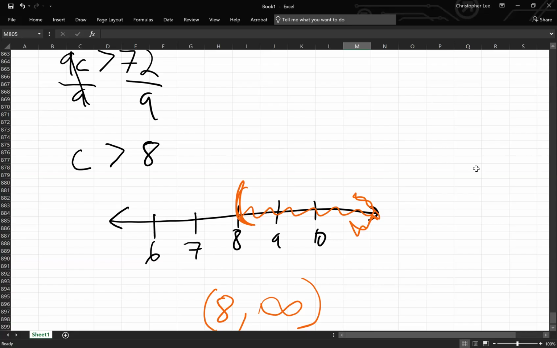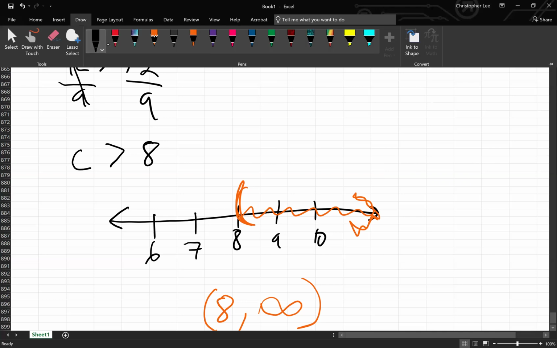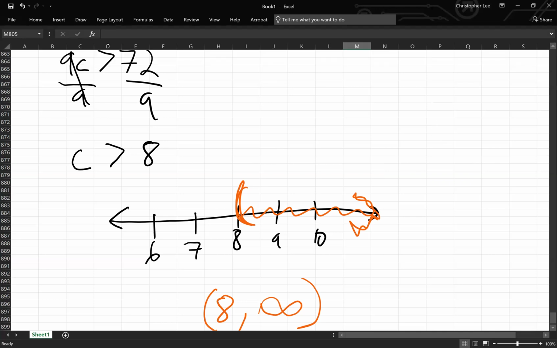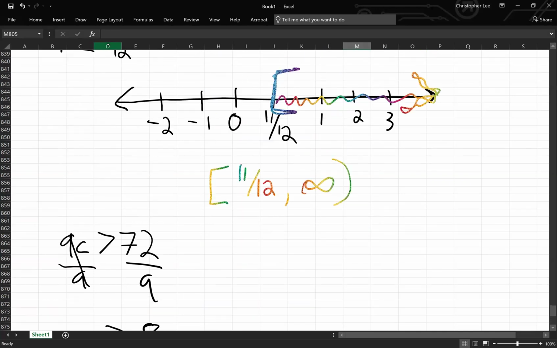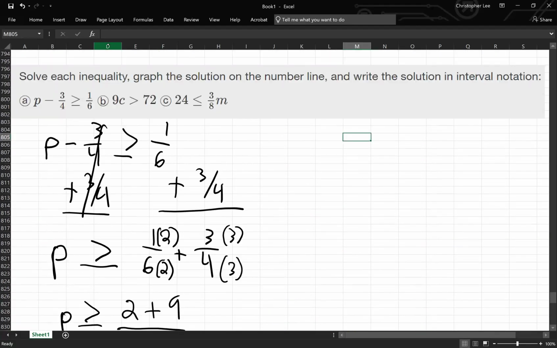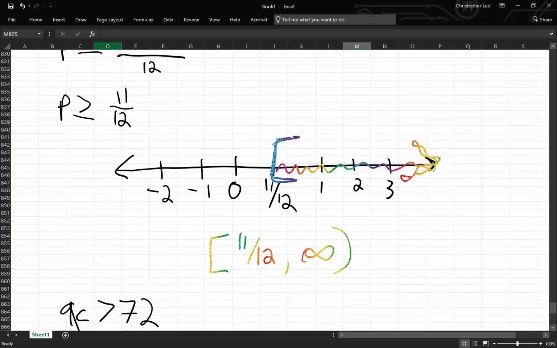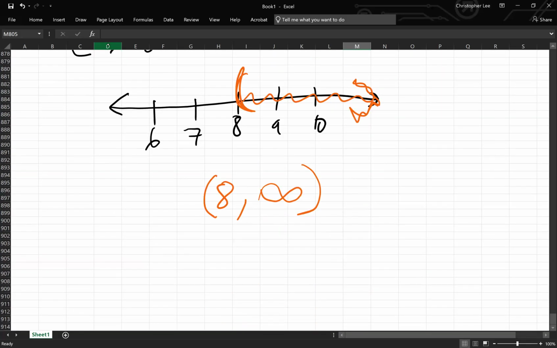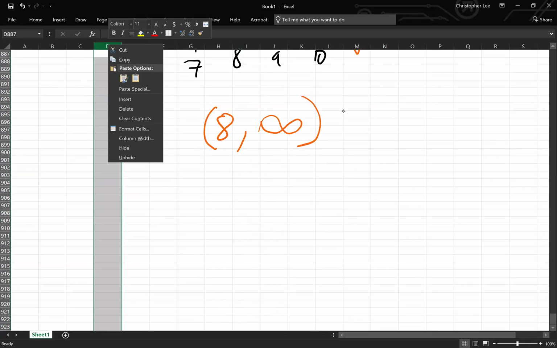Let's take a look at the last one. So I have 24 less than or equal to 3 over 8m.